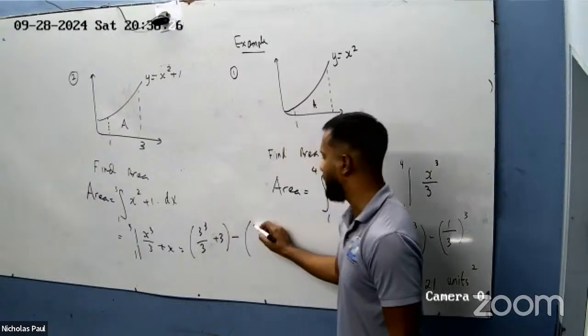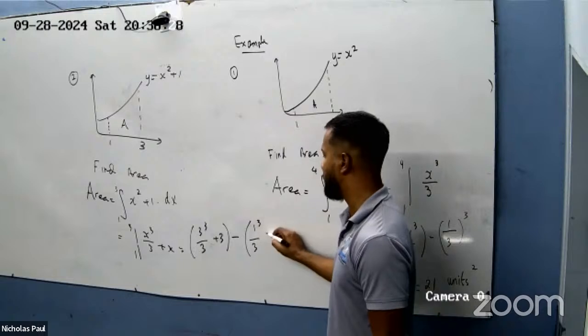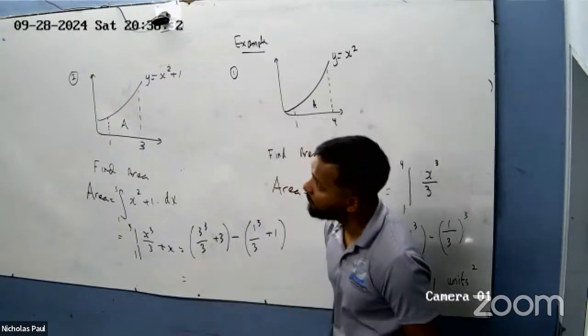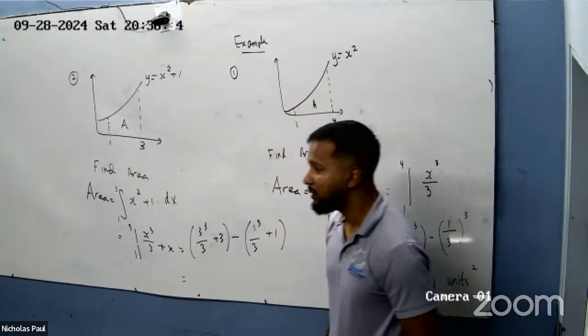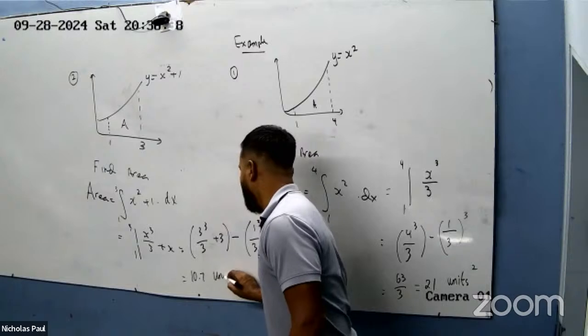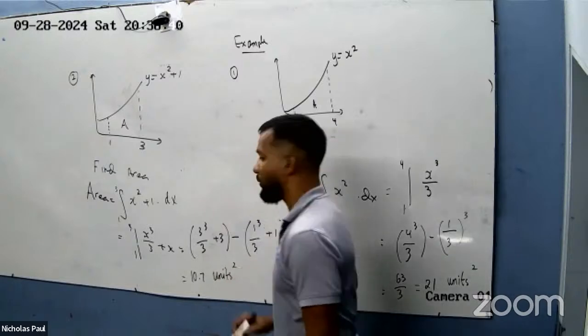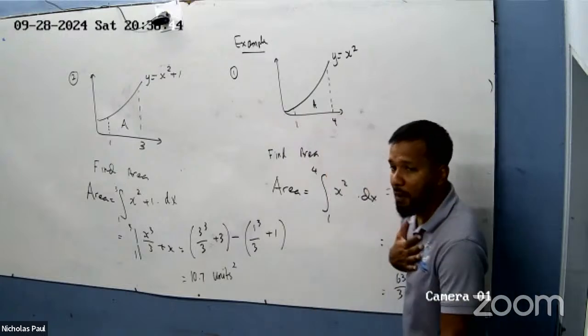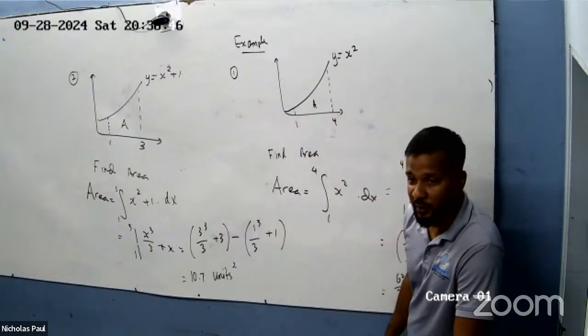And then plug in your 1: 1 cubed over 3 plus 3. How much is that? 10.7 units. And remember, you can check it in the calculator as well.